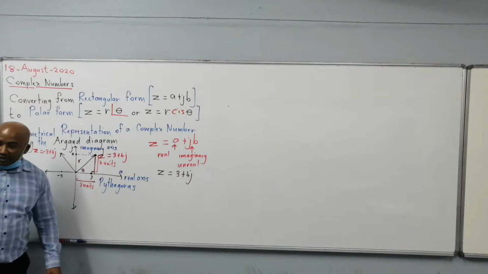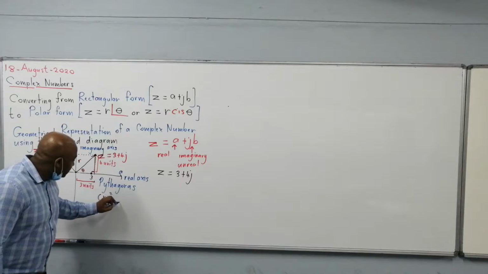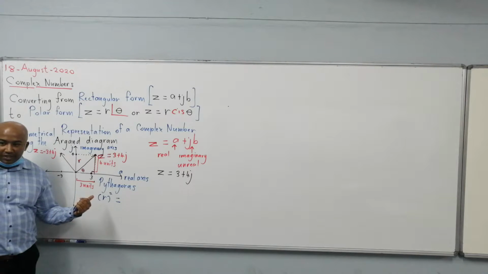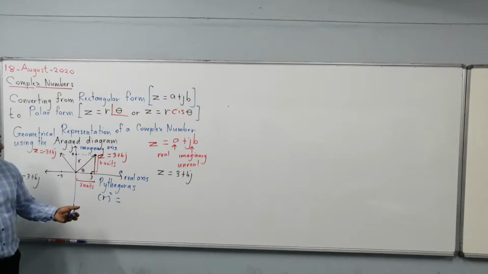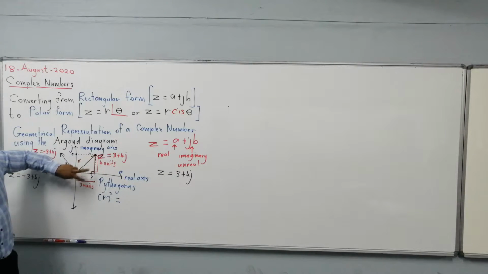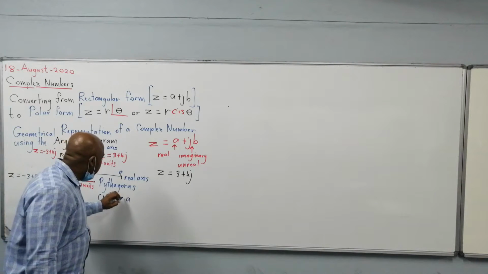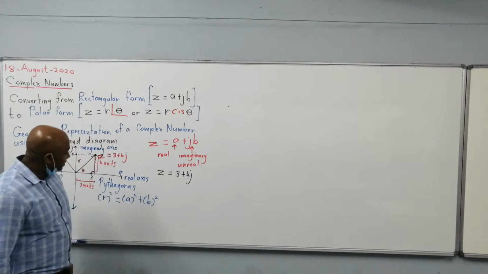The theorem of Pythagoras states that the square of the hypotenuse, which is r squared, is equal to the sum of the squares of the other two sides. So in general, remember, this here is your a value and this is your b value. So r squared is equal to a squared plus b squared.